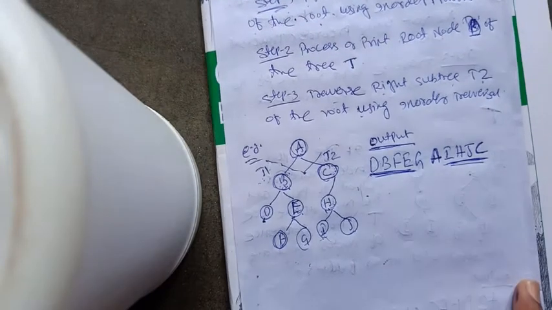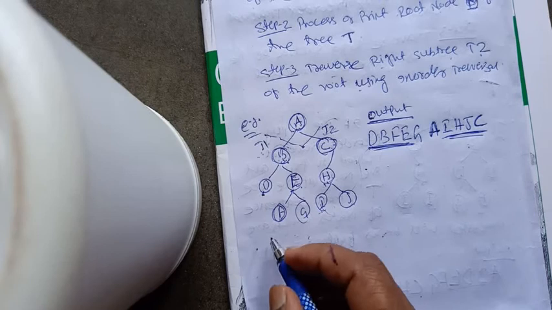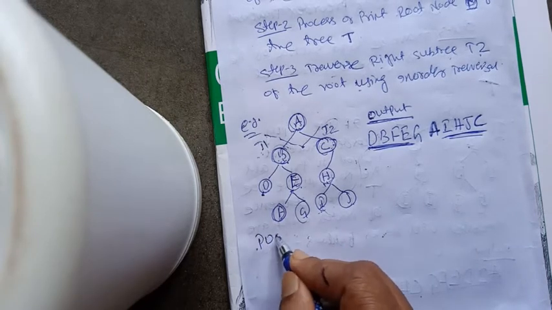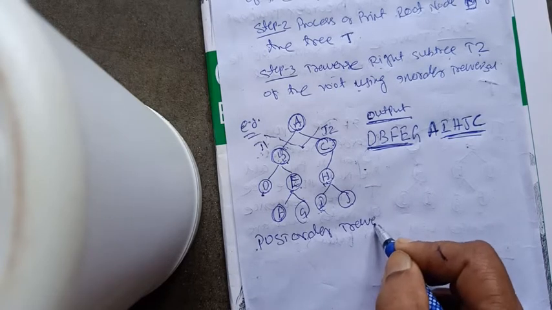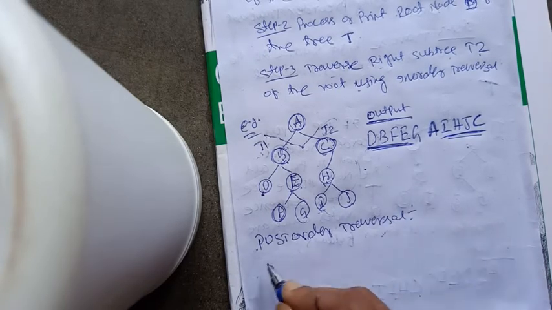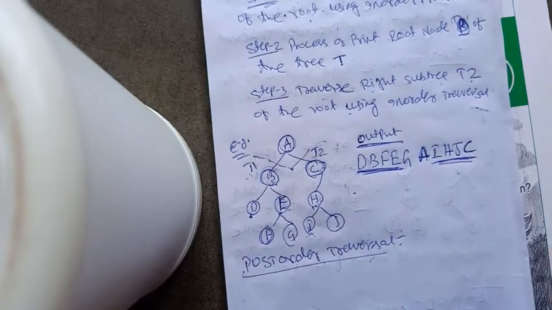Fine. So we can show final steps, that is post order traversal. So what is post order traversal? Now I think you can guess what are the steps, how we can alter the steps.